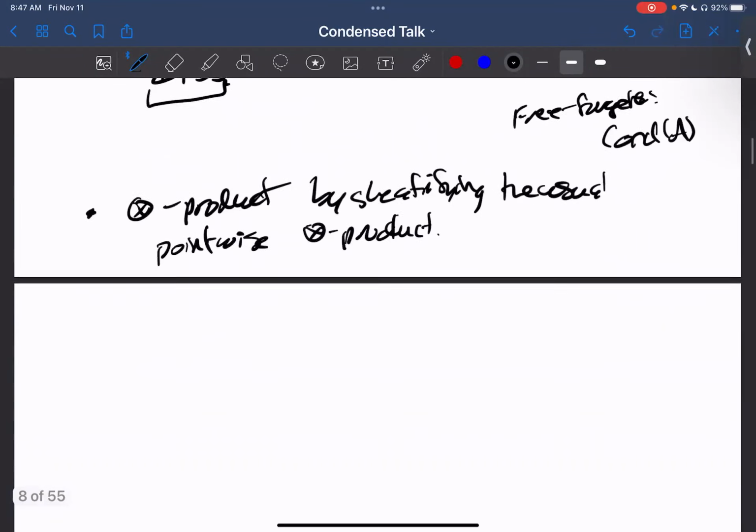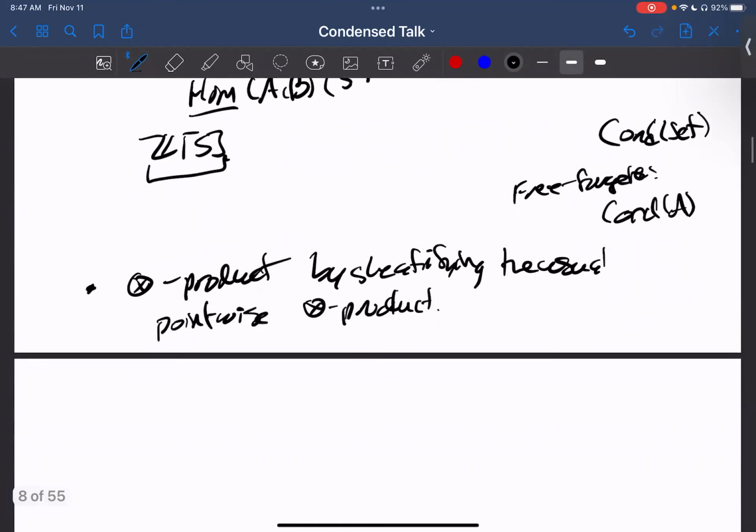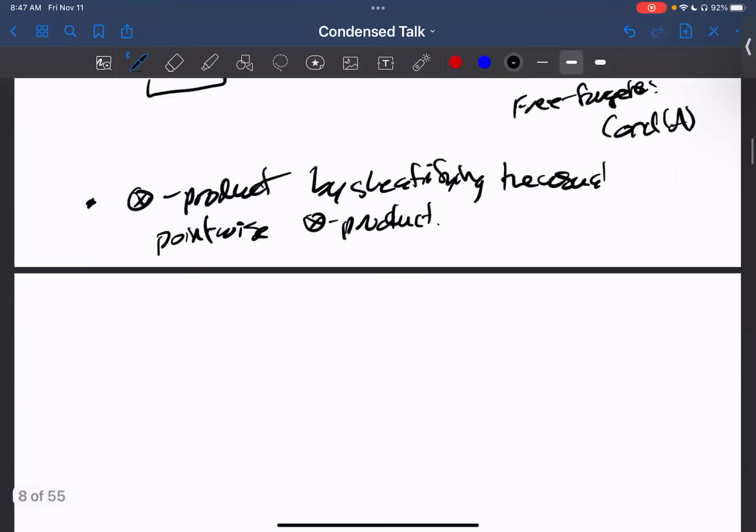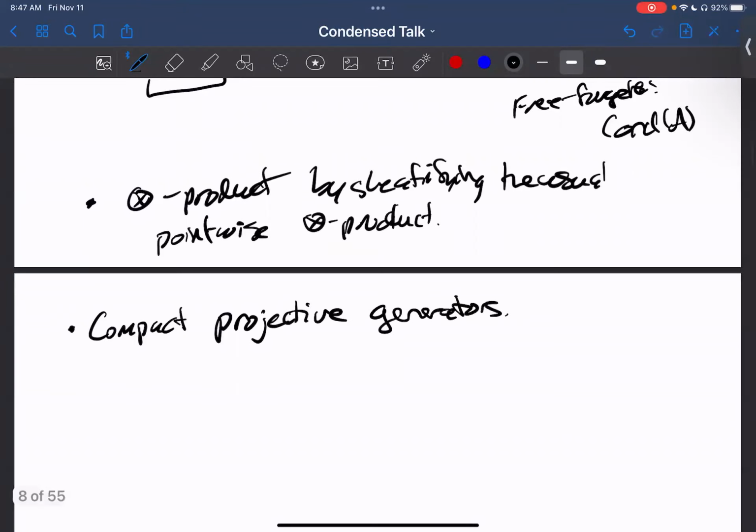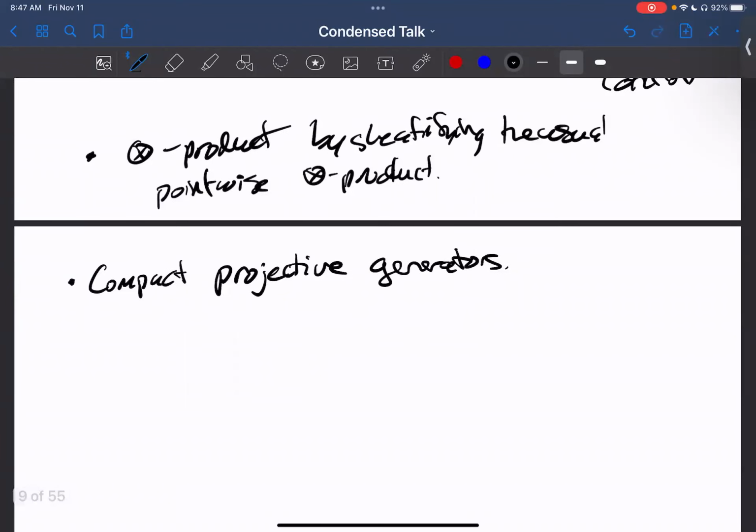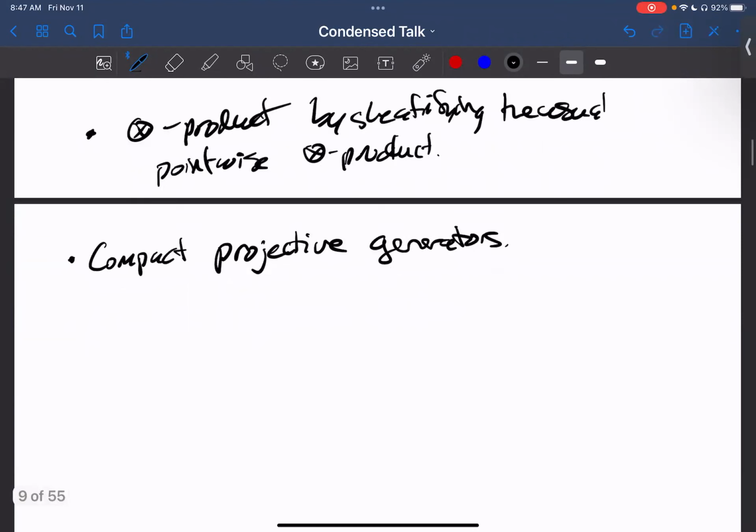Okay. And let's talk a little bit about these Z of S. A common theme in condensed math is looking at compact projective generators. What do these mean? Here we're talking about in some abelian category, in this case, the category of condensed abelian groups.